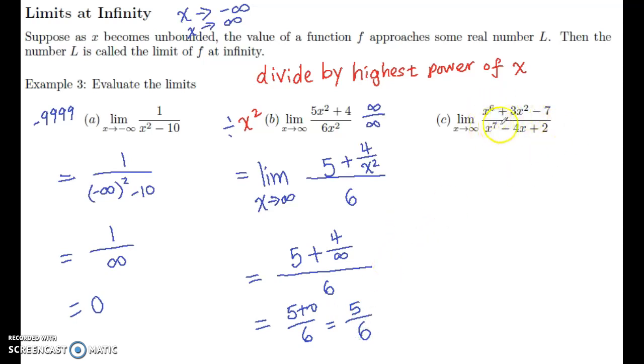We apply the same idea for part C, because it's still infinity over infinity form if we do direct substitution. So the highest power is x to the 7th.